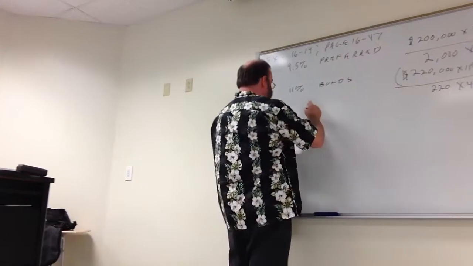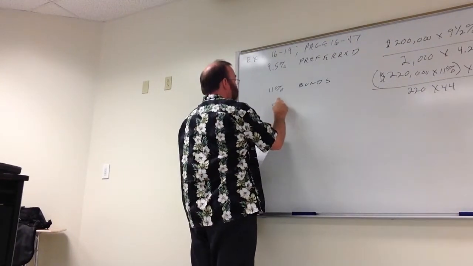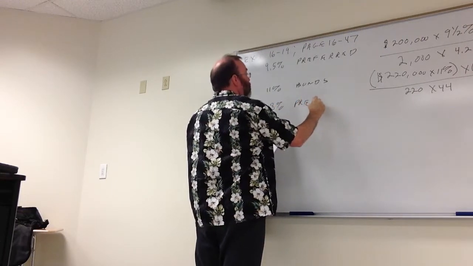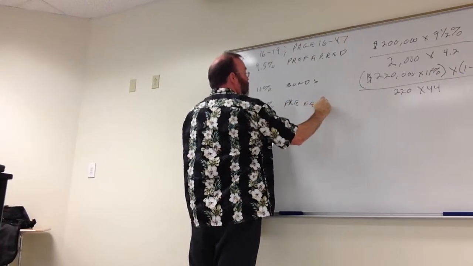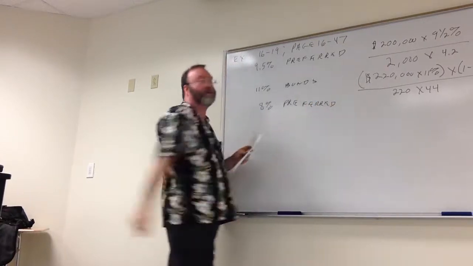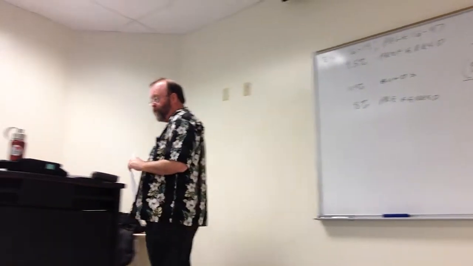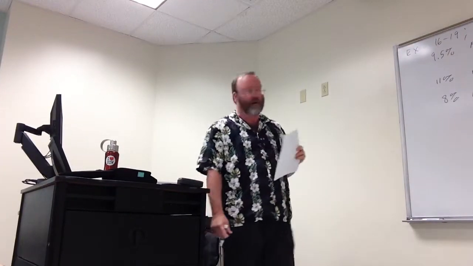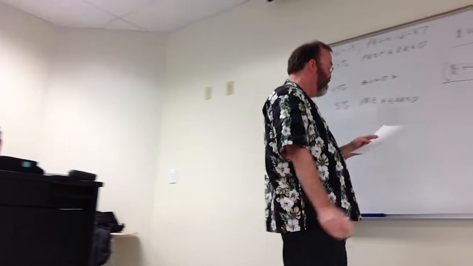Now we have an 8% preferred. The 8% preferred, 150,000 par value, issued at par. Each $100 par preferred stock is convertible into 3.8 shares of common stock.